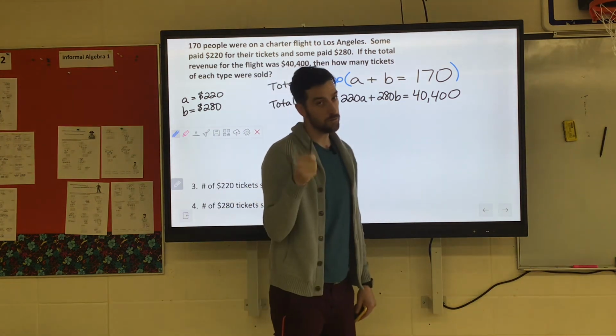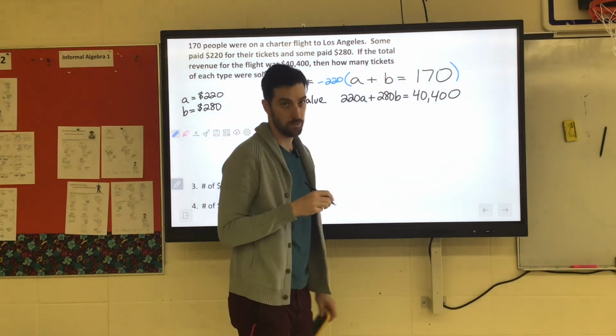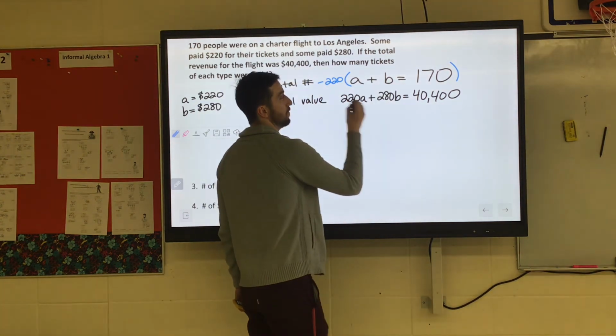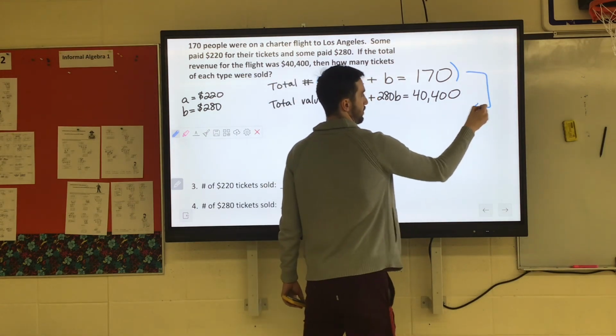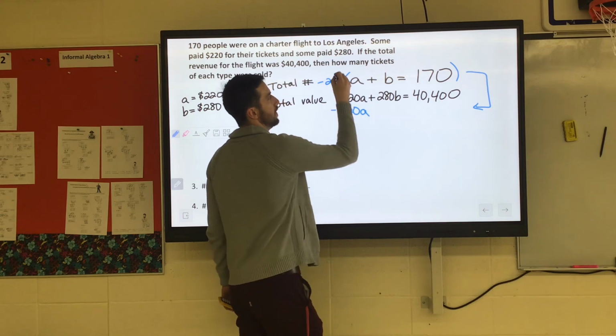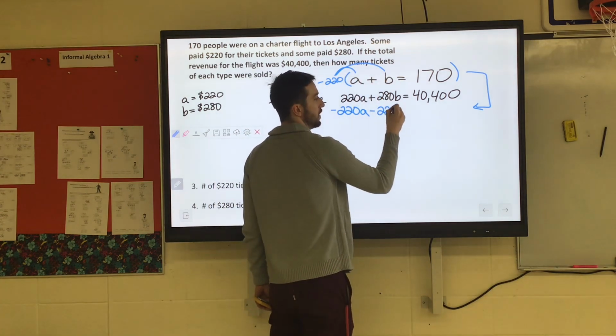But again, we do want one of these to be negative. So I'm going to multiply by negative 220. We have to do that to the entire equation. So that would give us, and I'm going to write it right underneath here, negative 220A. Negative 220 times B is negative 220B.